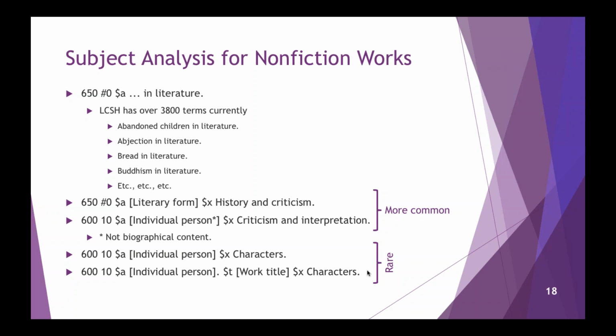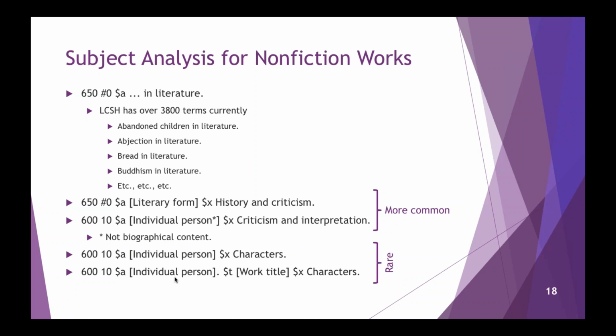At any rate, let's say that there is no actual subject heading for a particular fictional character. You have a book that is talking about that fictional character. You can use a 600 field for the author of that work, a subfield T for the title of that work, and then subfield X characters, and you can follow that with subfield X character, and you would do it last name, comma, first name.